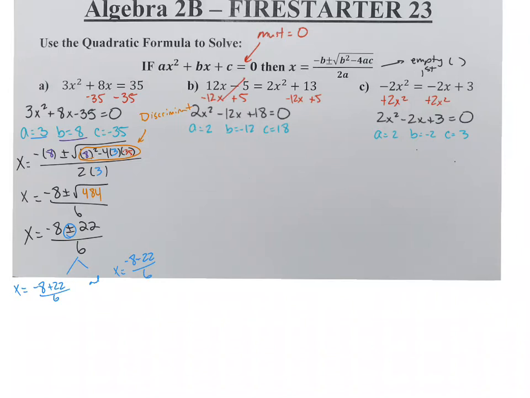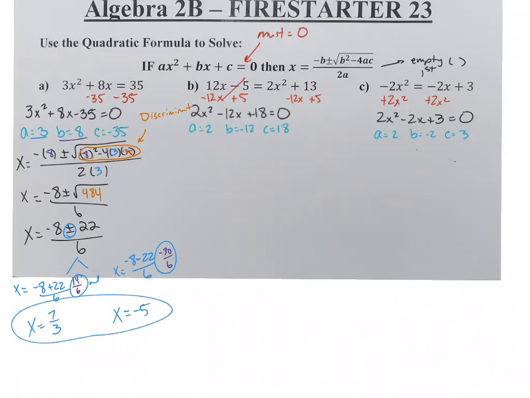Now, if you didn't know, -8 plus 22 is 14 over 6. -8 minus 22 is -30 over 6. So my best answer is x equals 14 over 6 turns into 7/3, and -30 over 6 turns into -5.